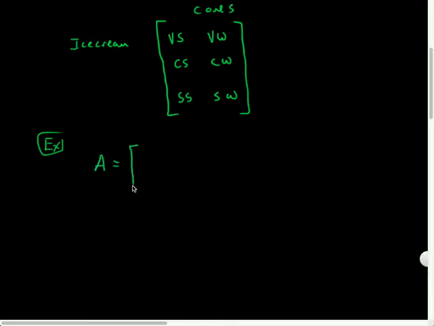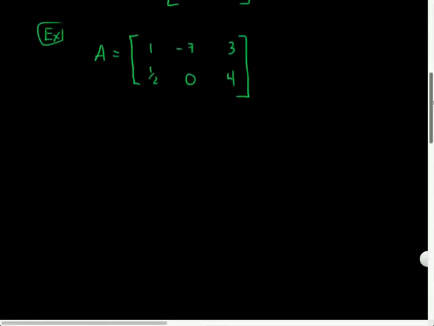So let's say I have the matrix 1, negative, I guess you can't have negative 0, can you? It's not a very helpful number. And then 3, and then a half, 0, and 4. Okay, so here's my matrix A.